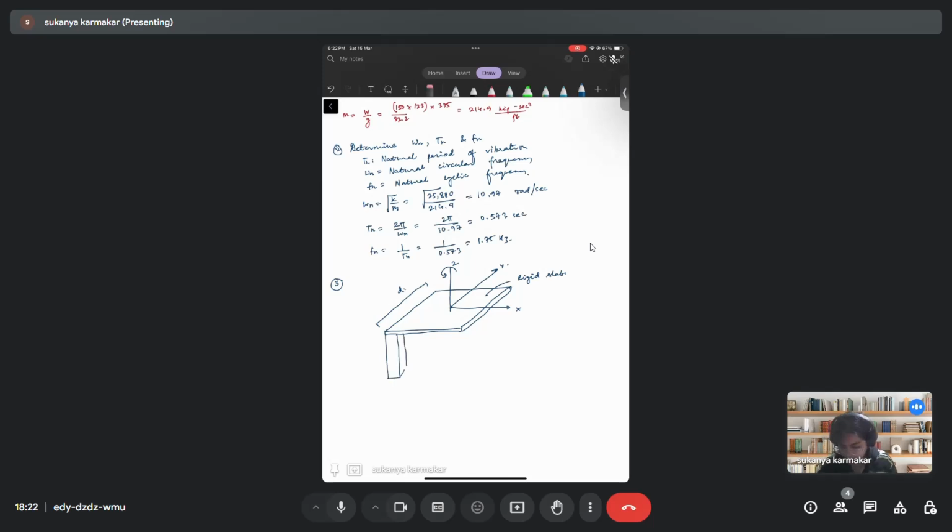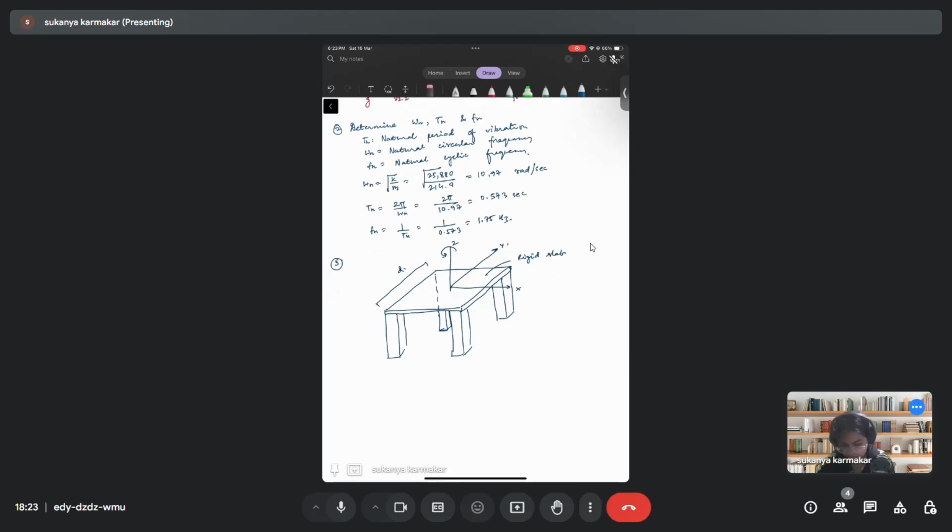It's standing, it has like 4 legs, so it's a table sort of thing, and it's standing on a rigid platform.